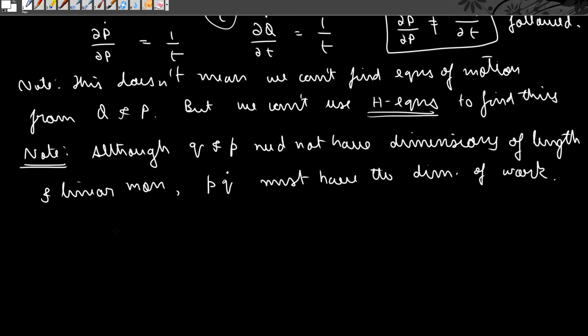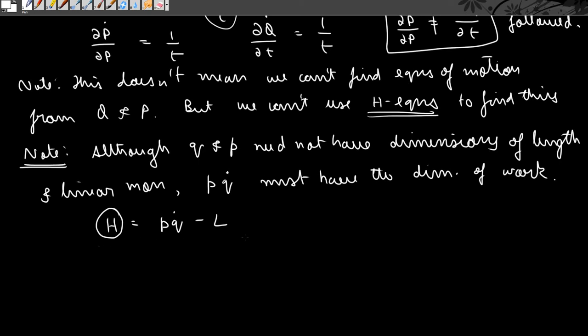This is because our Hamiltonian is defined as PQ̇ minus L, which is a Legendre transformation, and we know that our Hamiltonian is the same as our energy. Therefore, the Hamiltonian must have the dimension of energy, which is the same as the dimension of work.